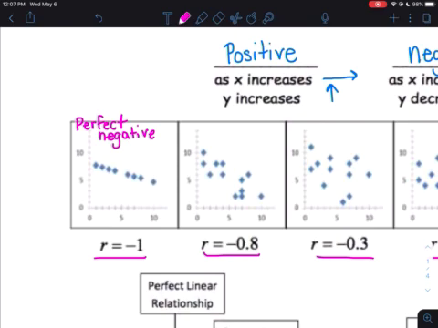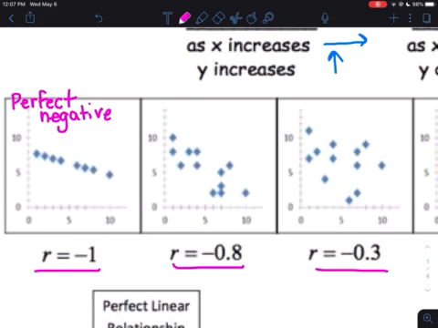Okay. The next we have is R is -0.8. And as you can see, this set of data is not exactly on a line, but for the most part, as you're moving to the right, the data is going down. Not every single one, but for the most part, you can see that as you're moving to the right, the data is going down.